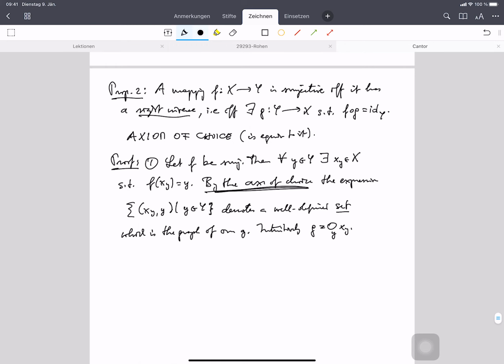Side remark: in proposition 1, we did not need the axiom of choice, since we had no choice.